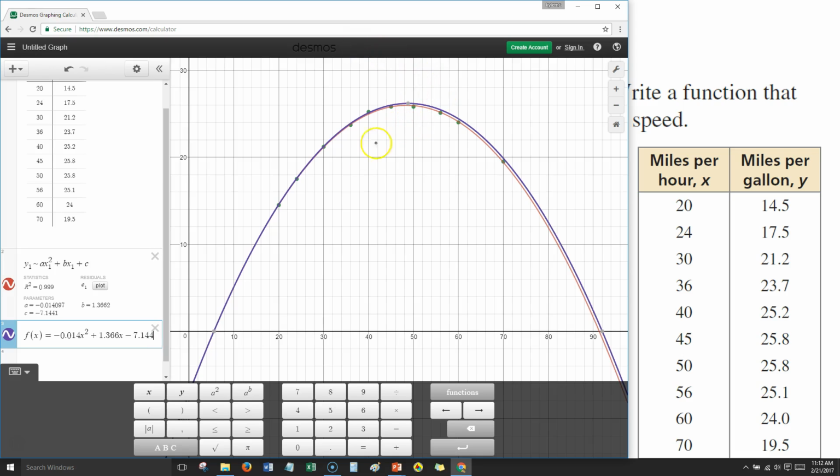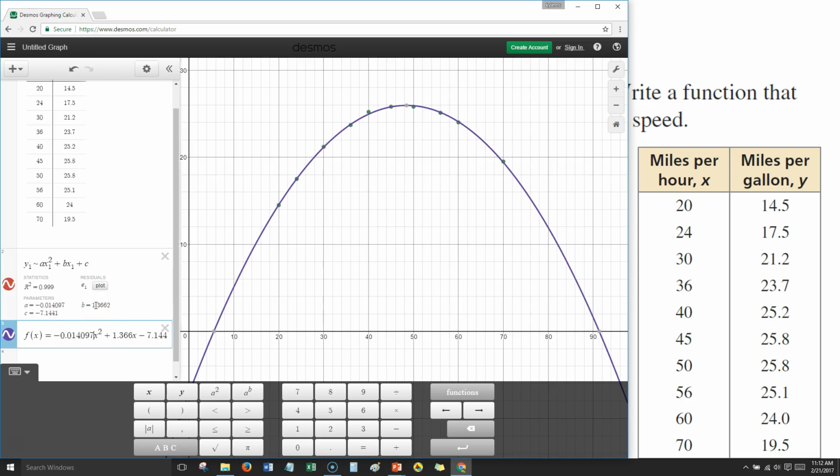So there's my function that does a pretty good job. Since I didn't do the exact decimals, let's see, if I put 0.97 there, and a little 2 there, and then a 1 there, that makes my graph look a little nicer and my function a little bit closer.